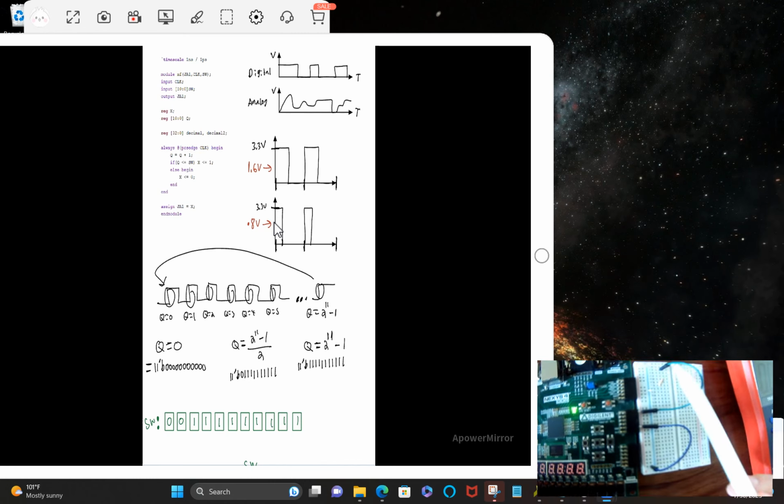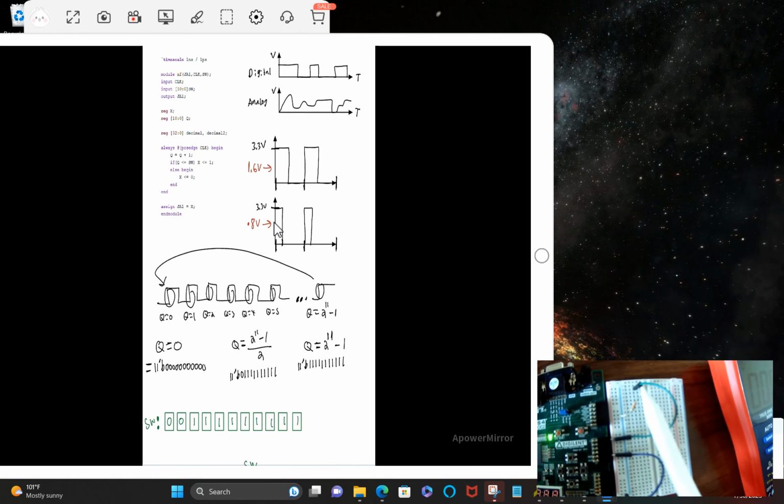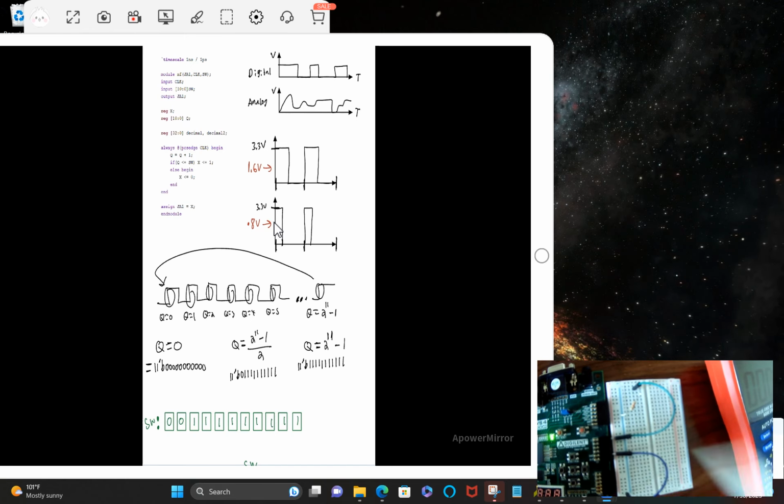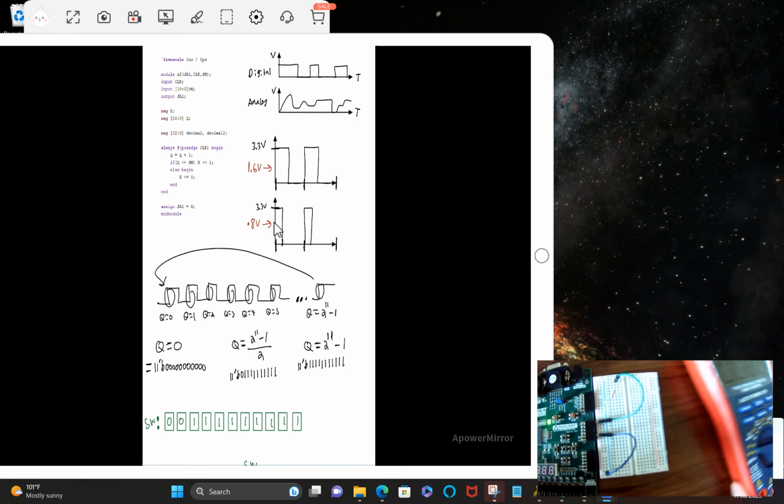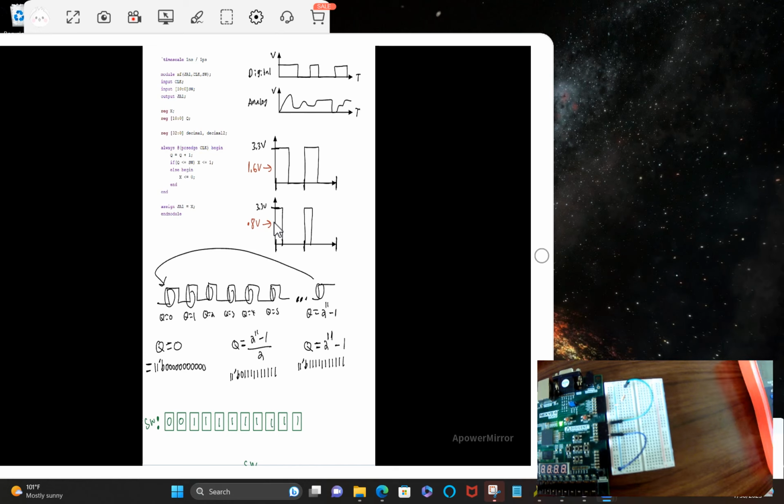So when we put our multimeter to measure the voltage from here to here, we should get around 0.8.